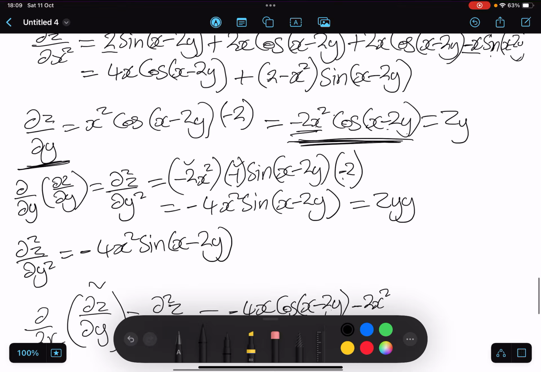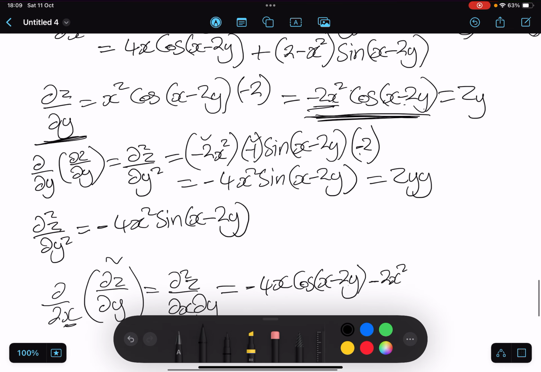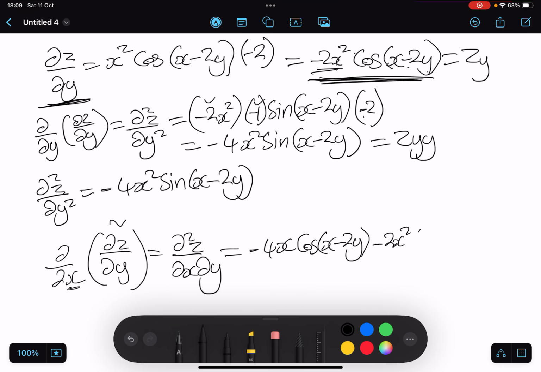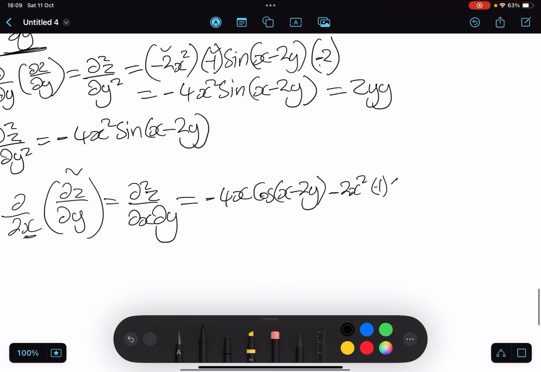Now we are differentiating cos with respect to x. When you're differentiating cos, it's minus sin(x minus 2y), and then differentiating everything inside with respect to x, we're going to have 1 here.